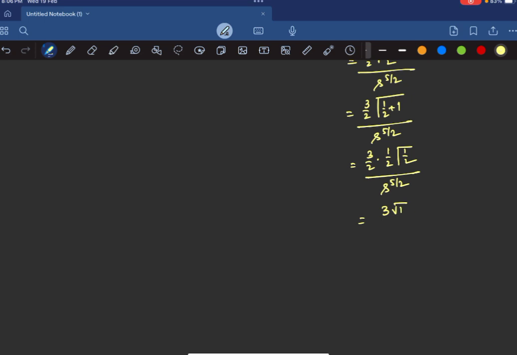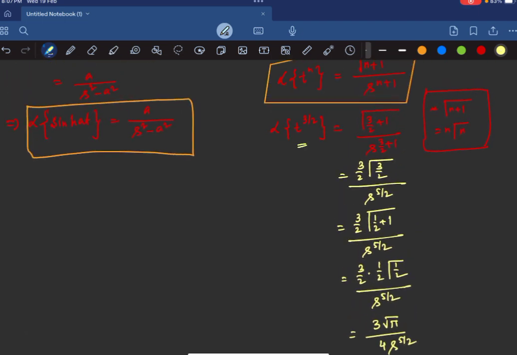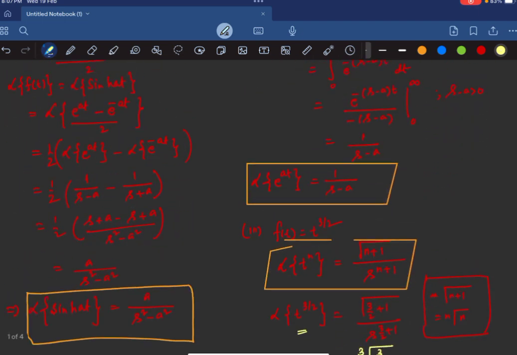So that is 3 square root of pi over 4 s^(5/2). This is the answer for the Laplace transform of t^(3/2).